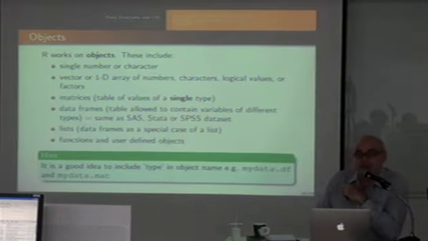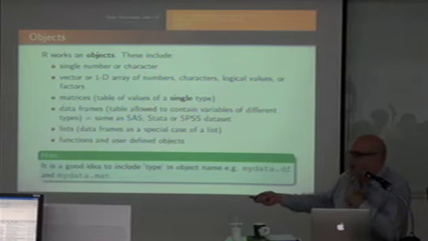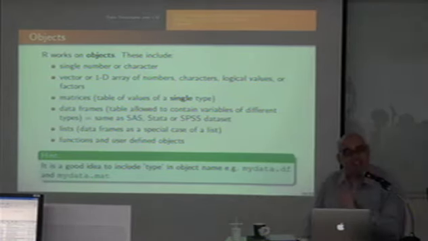A very good convention in R is when you have an object, always put the object type in the name. So if I have a matrix, which represents my data, I'm going to call that object mydata.mat, because I just need to look at the name to know what type of object that is.